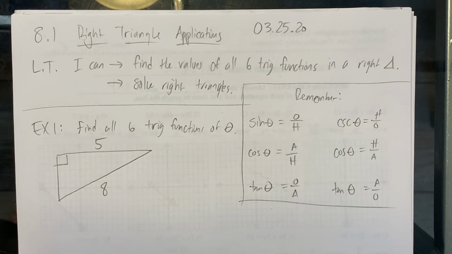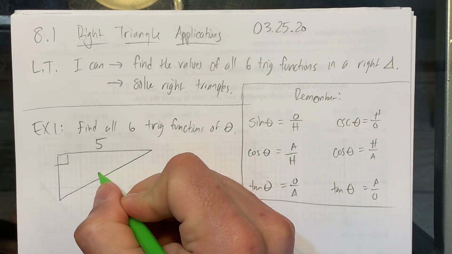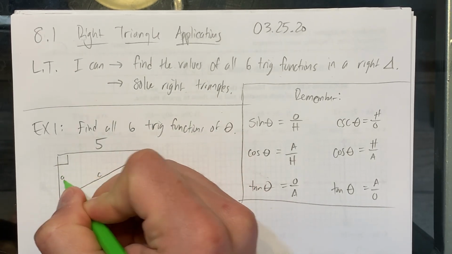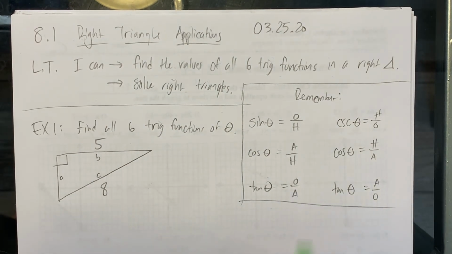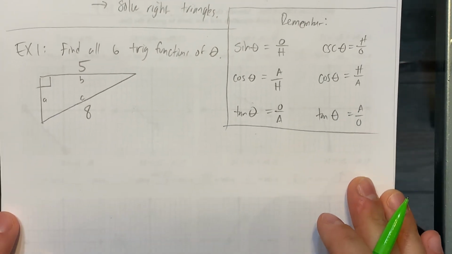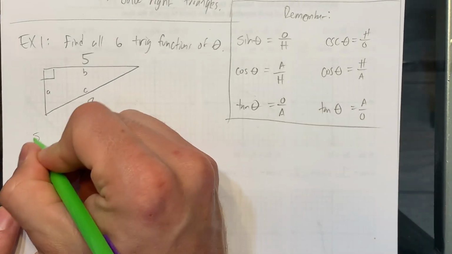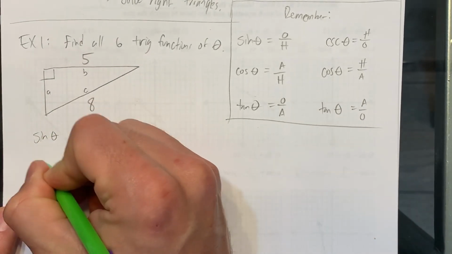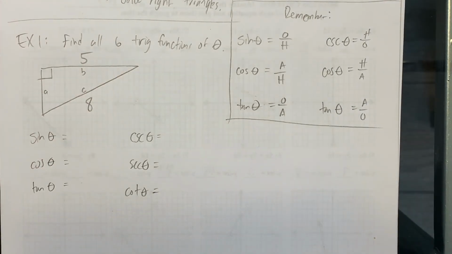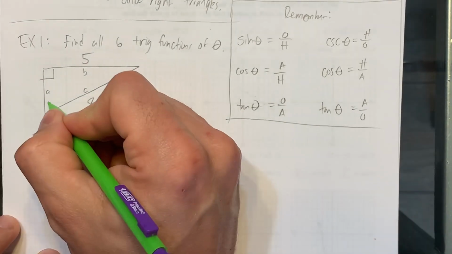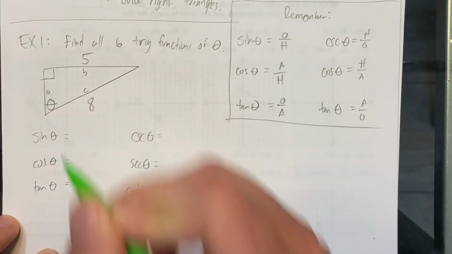Normally we're going to call the hypotenuse C, and then the legs can be A and B. So what we need to find is sine of my angle theta, cosine of my angle theta. Now, we also need a theta, and my theta is going to be down here in this angle.